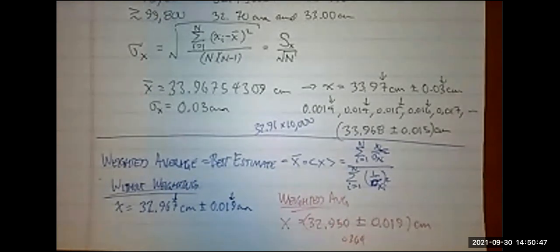But in both cases, the standard error is still just the deviation squared, summed up and then divided by n times n minus 1, and then taking the square root of it, which gives me 0.019. Since that 0.019 was larger than the instrumental uncertainty, I can use that 0.019. If I had come up with 0.008 or even 0.004, I would have had to call it 0.01. Does that make sense to everyone?